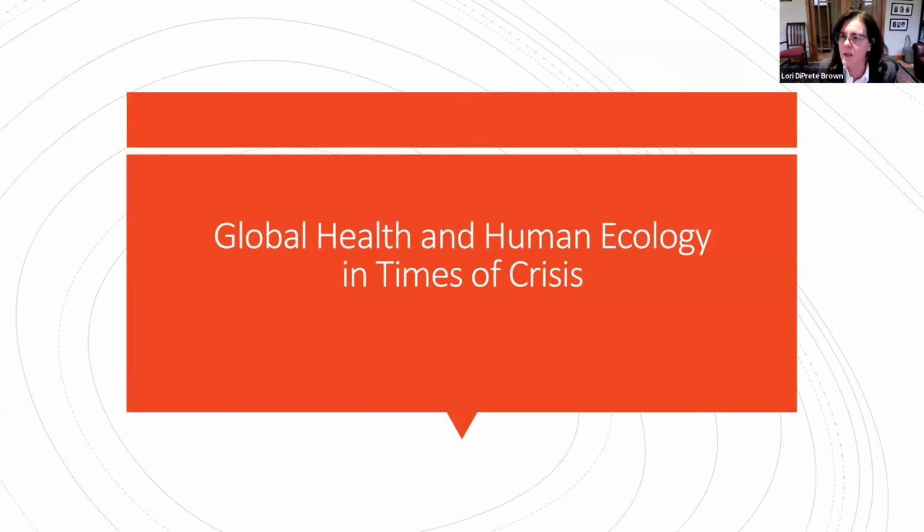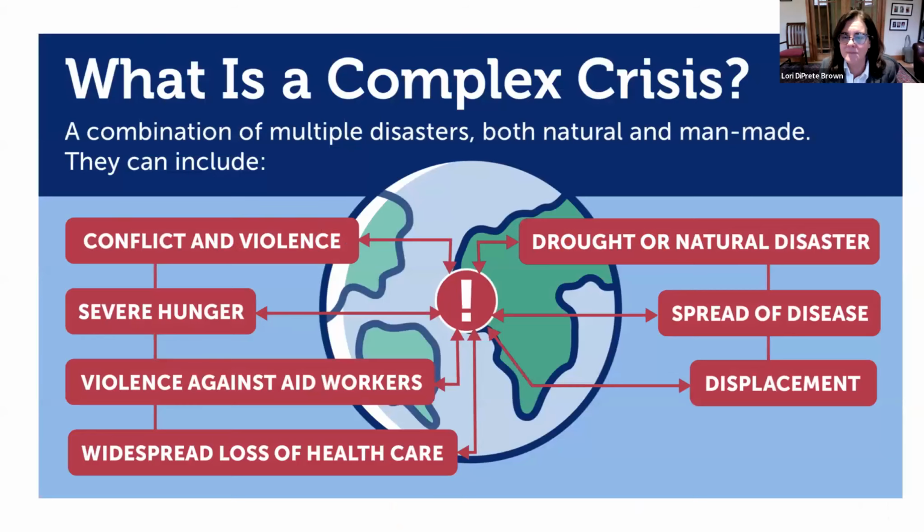So global health and human ecology in times of crisis. What is that all about? Well, complex crises are here. And I think a lot of us in different ways feel like we are that exclamation point, some more than others, right?